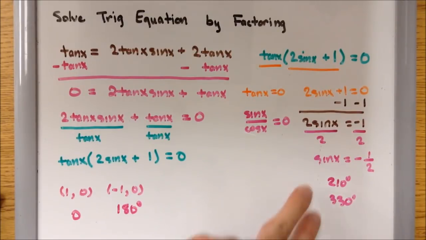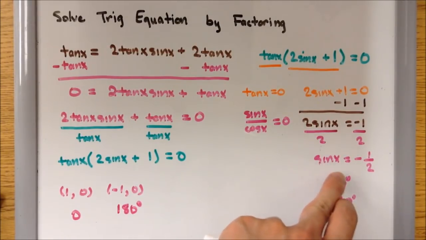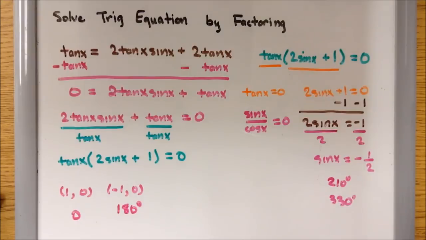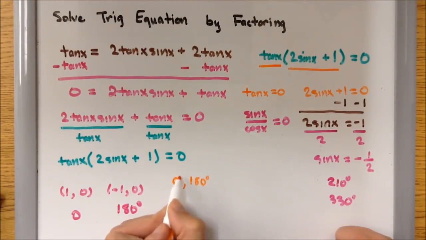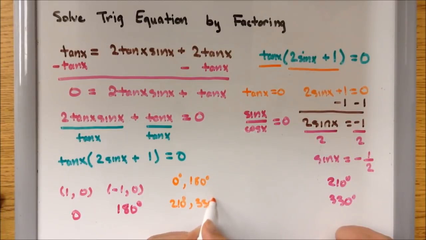So, we have our two answers in degrees for sine of x equals negative 1/2. So, if I were to combine all my answers into one, in degrees it would be 0, 180 degrees, 210 degrees, and 330 degrees.